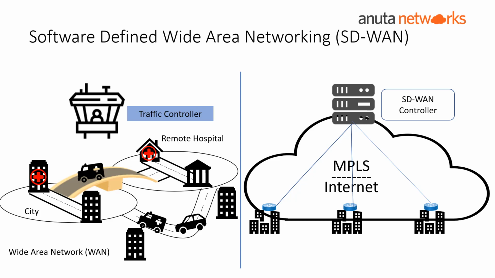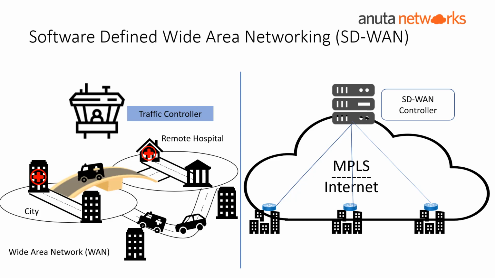Let us understand this with an analogy. In the picture here, we bring back the traffic controller from the SDN slide. Here, the job of a traffic controller is to monitor the traffic coming from the outskirts of the town. Let us say we have traffic coming from this remote location to the city, including cars, buses, even an ambulance coming from a remote hospital to a main hospital in the city.